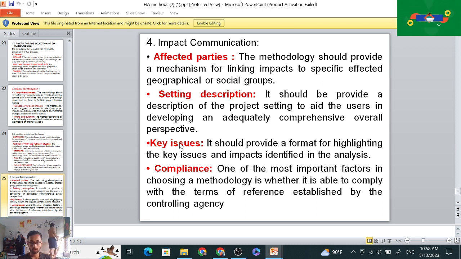Then key issues: it should provide a format for highlighting the key issues and impacts identified in the analysis. Then compliance: one of the most important factors in choosing a methodology is whether it is able to comply with the terms of reference established by the controlling agency. So in impact communication, affected parties, setting description, key issues and compliance, these 4 points will be covered.